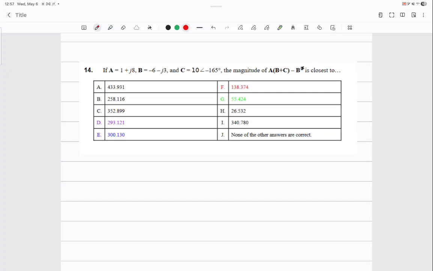Remember, you're given A and B and C. You need to find A times B plus C minus B conjugate. That's a math question.